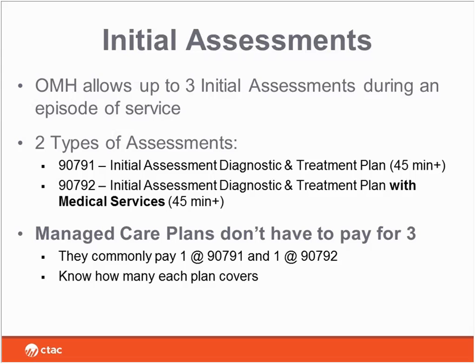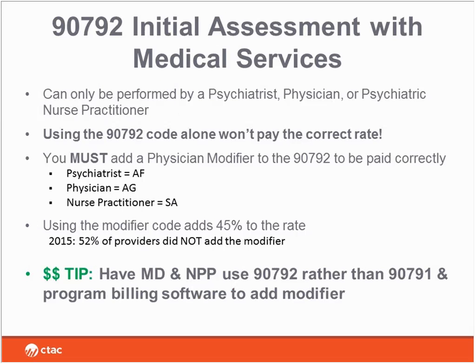Most commonly, they will pay for 1 90791 and 1 90792. Now, some plans may pay for 3, and this is where you need to track and know these things and have some type of internal cheat sheets or whatever you can do to maximize revenue by knowing which plan covers which of your patients, consumers.